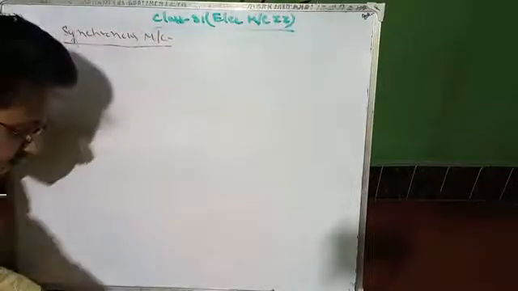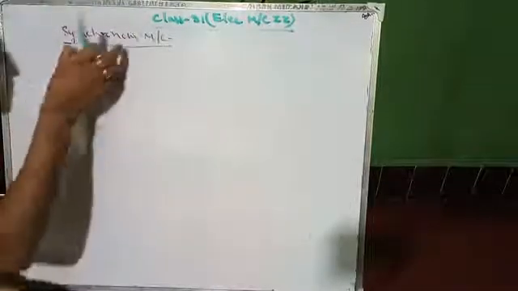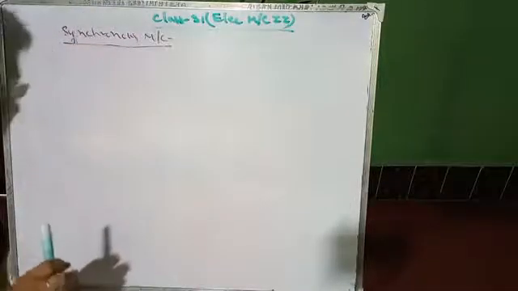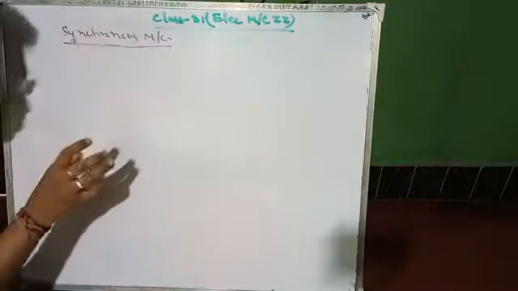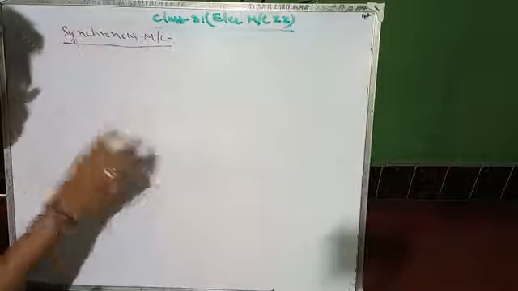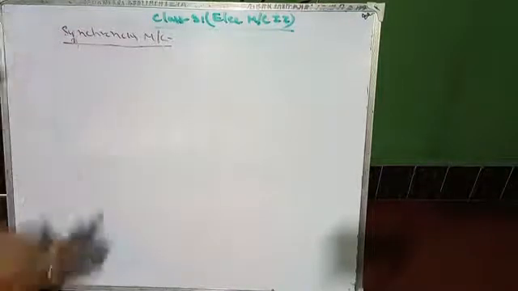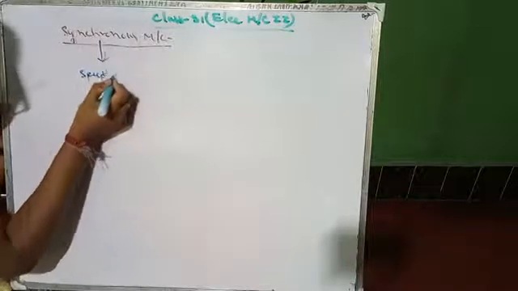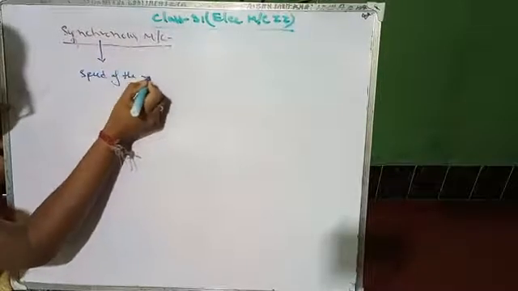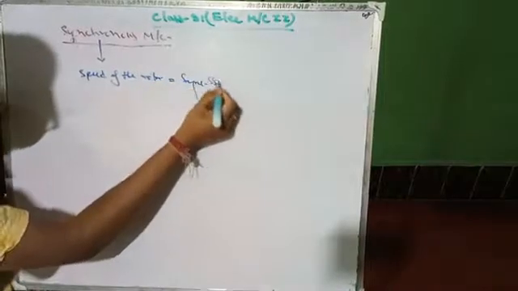Before starting the synchronous machine, I would like to explain what we mean by the term synchronous. Synchronous means the speed of the rotor is exactly equal to the synchronous speed. So what is synchronous speed?